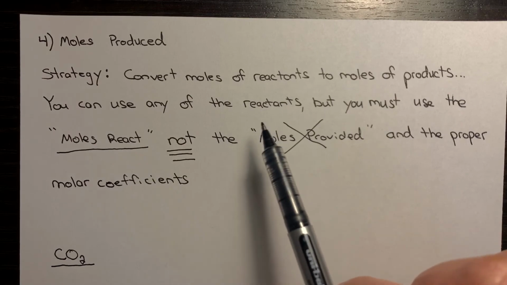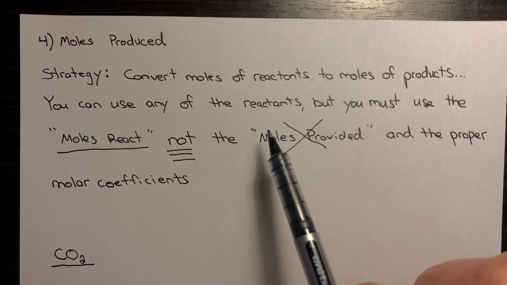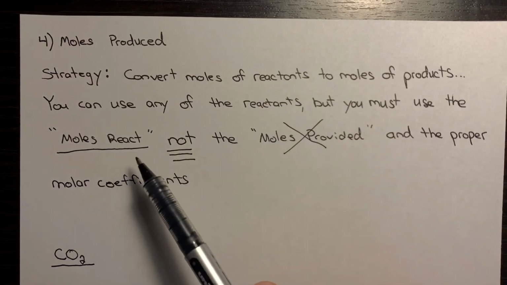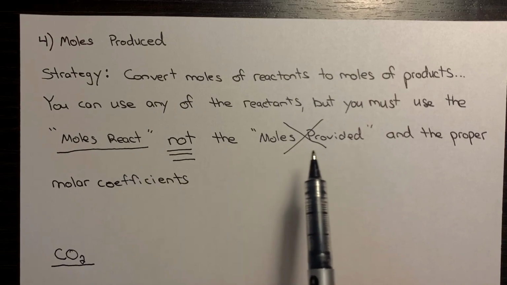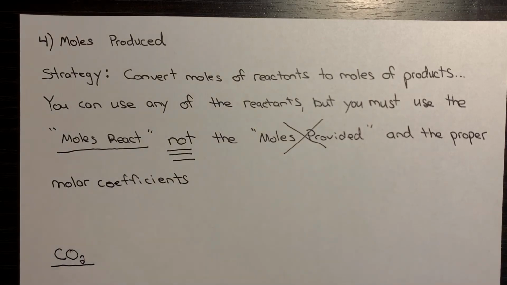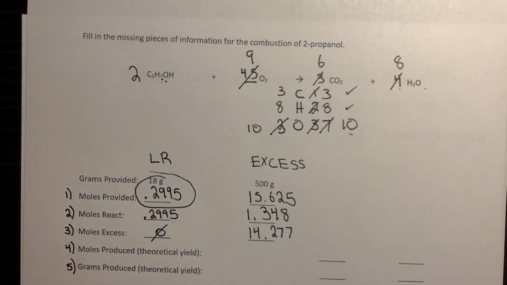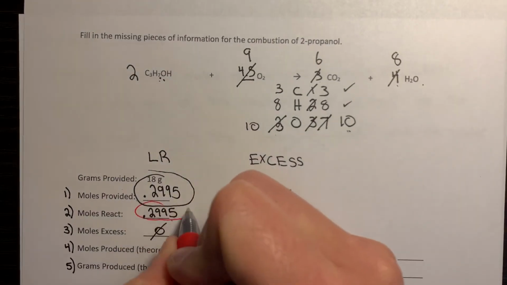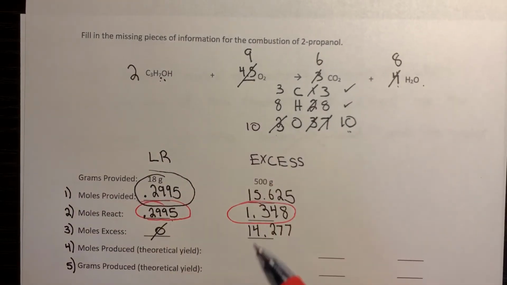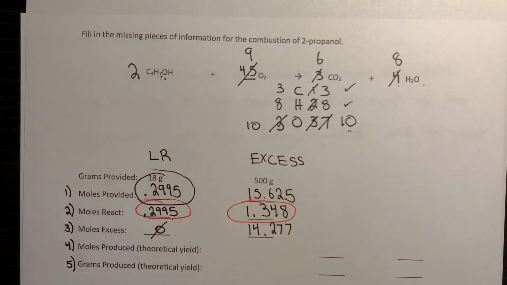It doesn't matter whether we use the 2-propanol or whether we use the oxygen, but we have to use the moles react, right? We cannot use the moles provided, okay? So again, we have to be talking about these values here, the moles that react, and you can use either one of these. It doesn't really matter, okay? You also have to use the appropriate coefficients. You have to use your balanced equation to set up the appropriate mole ratios.